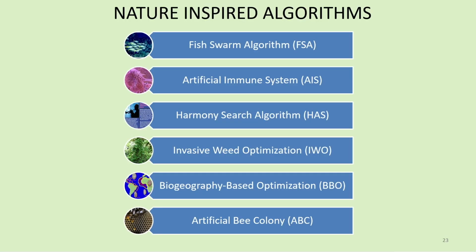We can look for some other nature-inspired optimization algorithms. In the literature you can find many nature-inspired algorithms like fish swarm, artificial immune system, harmony search, invasive weed optimization, biogeography-based optimization, and artificial bee colony optimization. You can try any one of these algorithms in order to fine-tune the results.